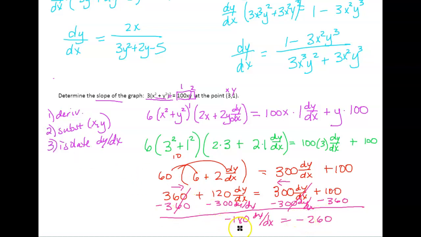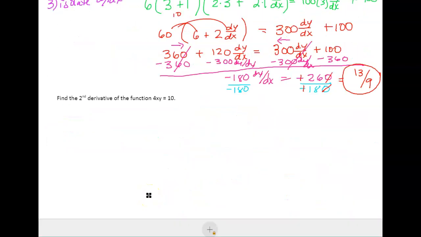So to get dy dx alone, we'll divide by negative 180. So two negatives make a positive. I could divide by 10, and I could divide by 2. So that is my tangent slope at that point. Lots of work. I love it, but I know it is a lot.